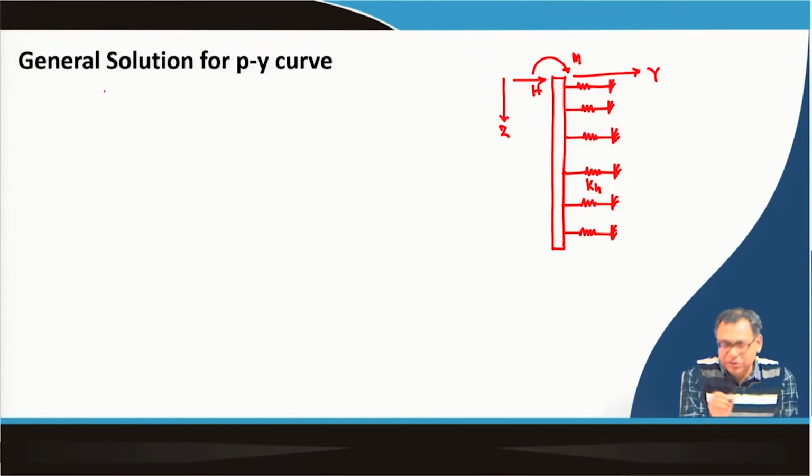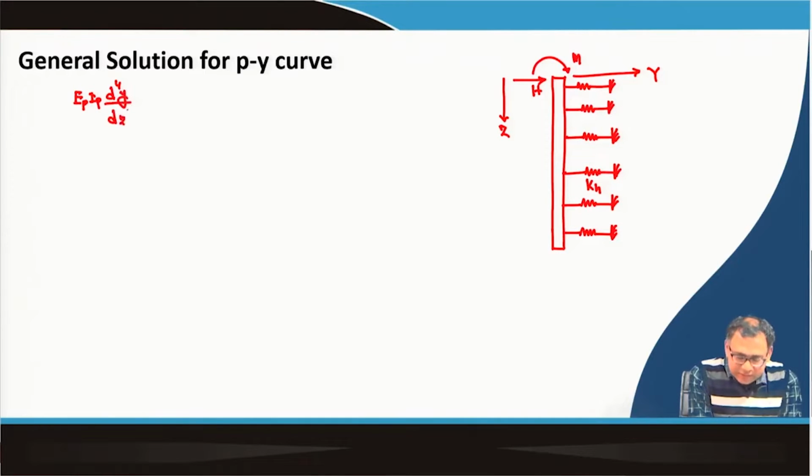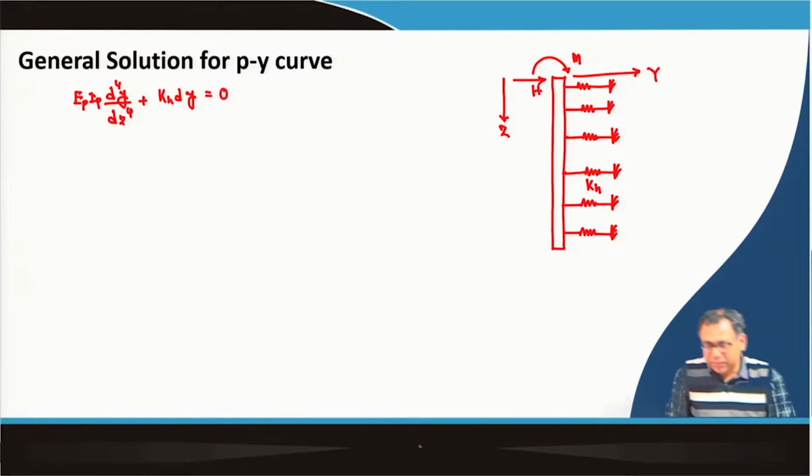Then the general solution of the beam equation will be E p I p d to the power 4 y by d z to the power 4 plus K h D y equal to 0.